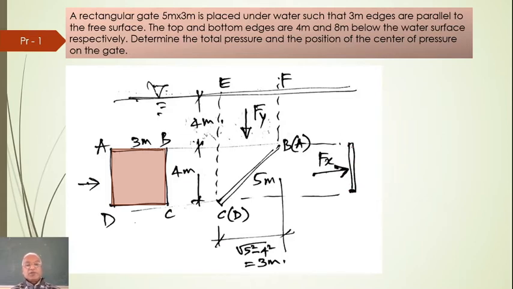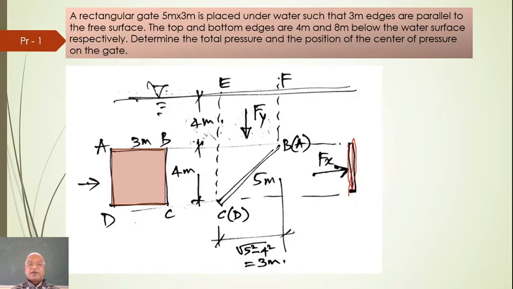So what is the first point? Whatever inclined surface is there, you look at it from the end, as if it is a rectangle in projected view, having 3 meter and 4 meter as the height.